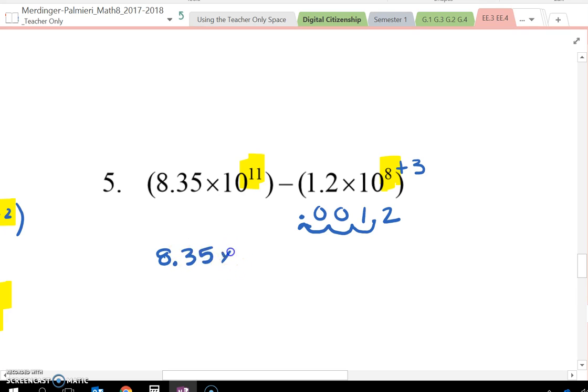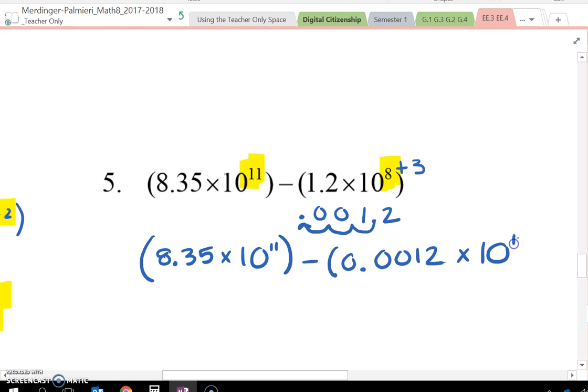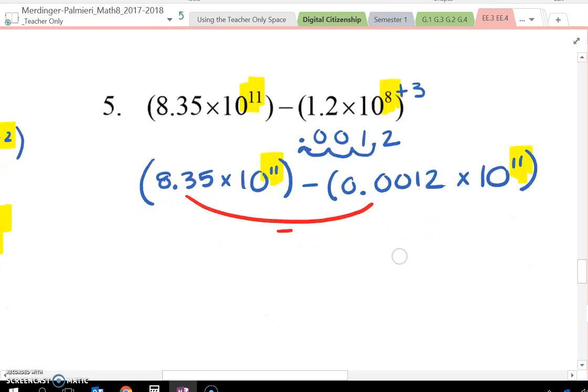So we're just going to rewrite this problem, and I have 8.35 times 10 to the 11th power minus 0.0012 times 10 to the 11th power. And because our exponents are the same now, I am subtracting right there my first factor.